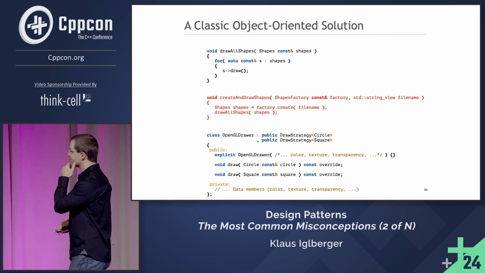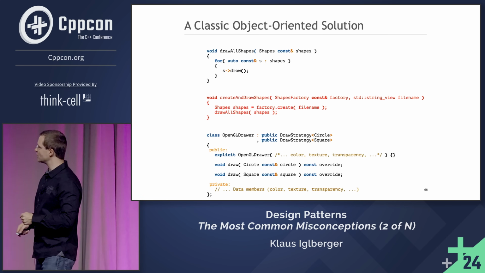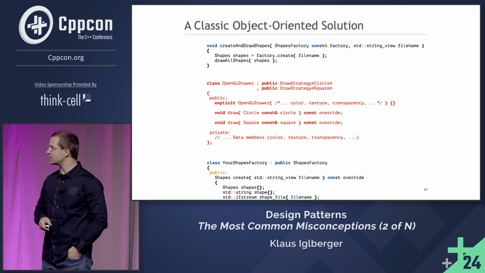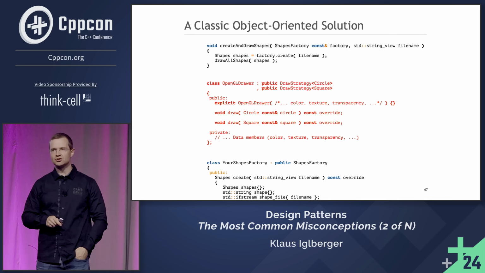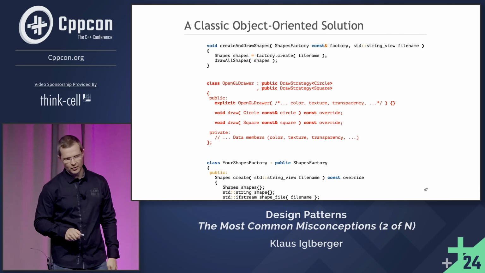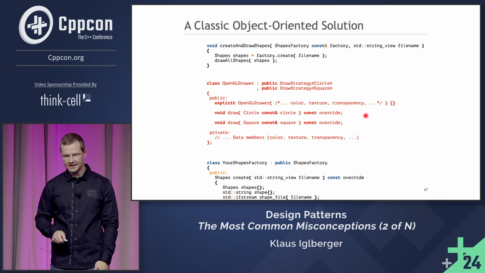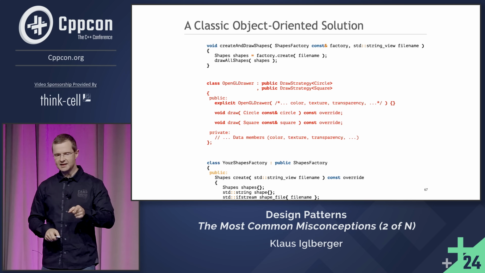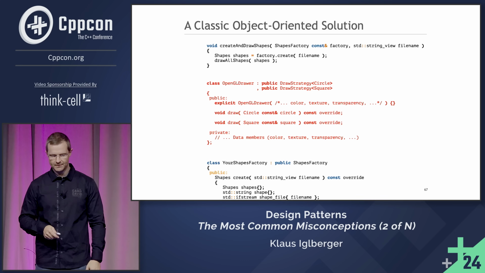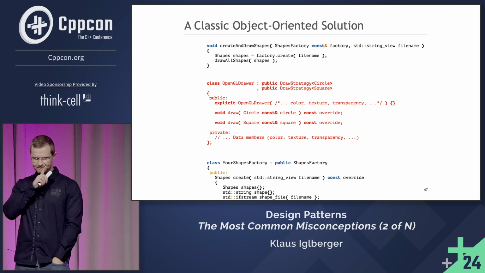All right. Now, we want to draw something, so let's say we introduce a real implementation for this draw strategy, an OpenGL drawer. The implementation details are not important, so there's nothing really visible. But say this is the class that really draws circles, squares, potentially other shapes. Okay.